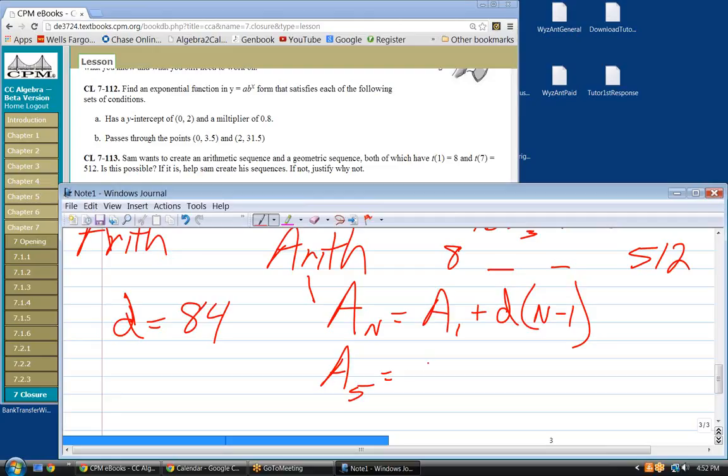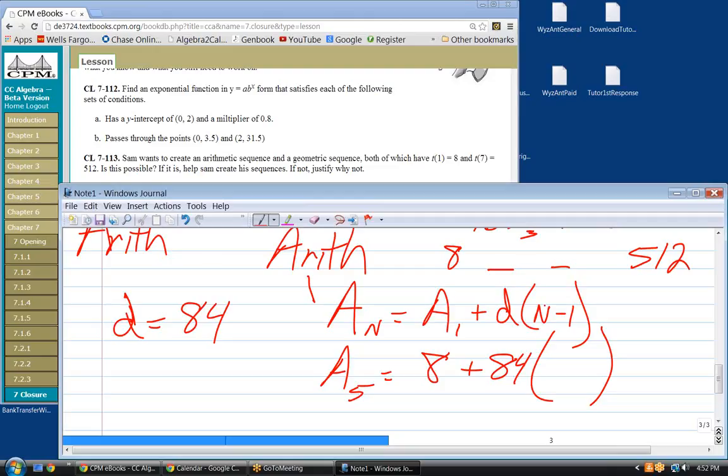So the fifth term is the first term. What's the first term? 8. Plus the common difference. What's that? 84. What is n minus 1? I don't know. What is n? 5. Yeah.